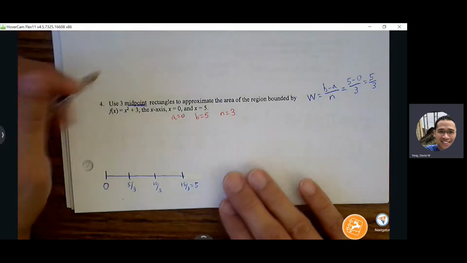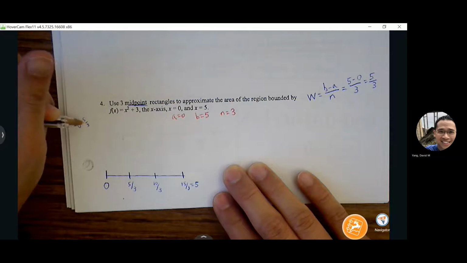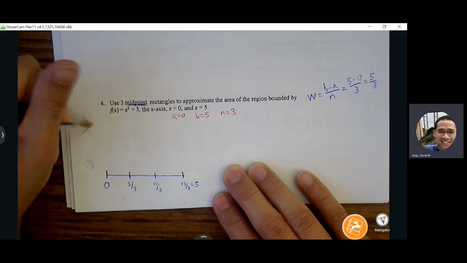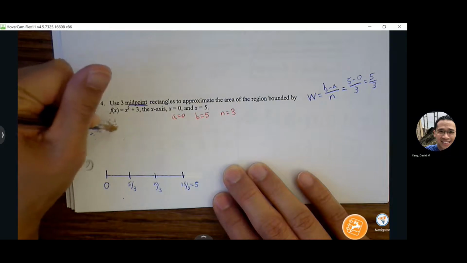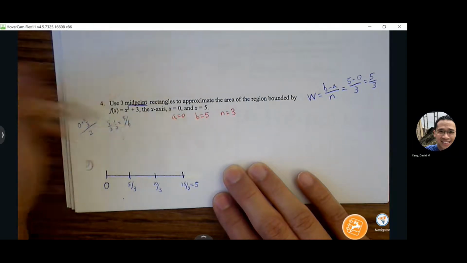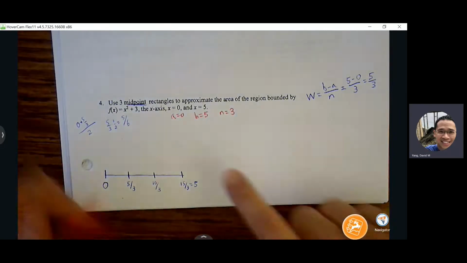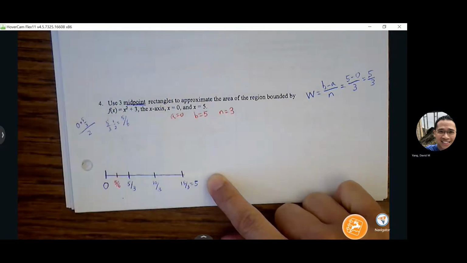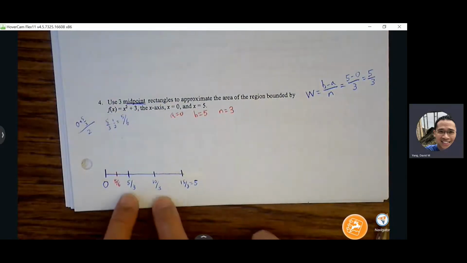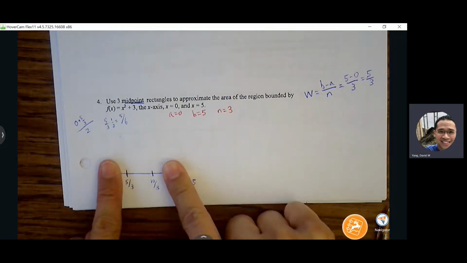Okay, so off to the side here, 0 plus 5/3 is 5/3. Divided by 2 is the same thing as multiplying by 1/2. So halfway between 0 and 5/3 is 5/6. Finding the average of these two numbers is the same thing as just adding the two numbers and multiplying by 1/2.